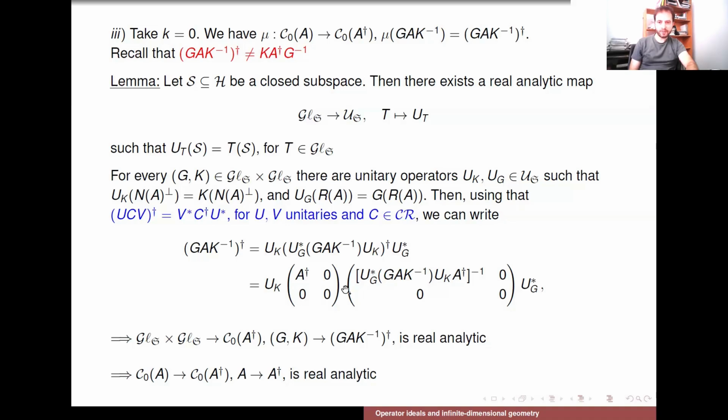Note that we have UK, which is an analytic map in terms of K, the invertible operator. We have here the star of UJ, which is again a real analytic map in terms of the operator J, using our lemma above.